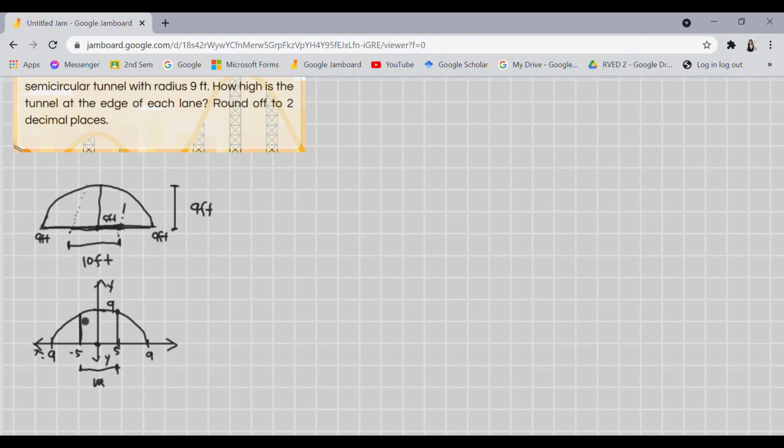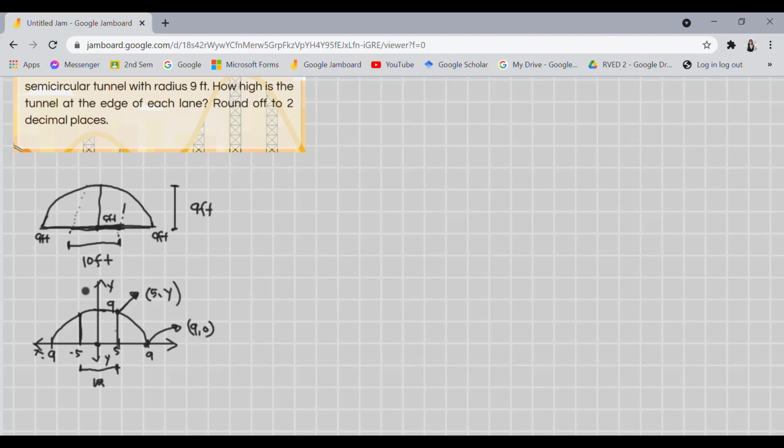So, symmetrical sila. Okay? We identify a certain point touching the ceiling or yung pinaka-curve natin. That point will be represented by the coordinate 5, y, since y is still unknown. So, the center is at 0, 0. If I ask you about this point, dito sa gilid, this is 9, 0.